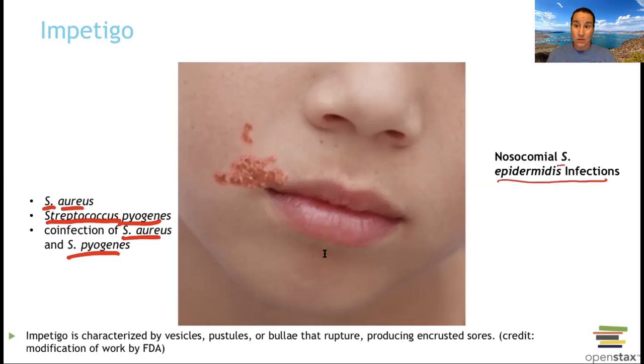All of a sudden it has all these nutrients, and yay, it's going to go gangbusters. That's not good. You don't want that to happen. And that could happen in a hospital-like, nosocomial situation with Staph epi when it gets to go into places where it normally shouldn't go.